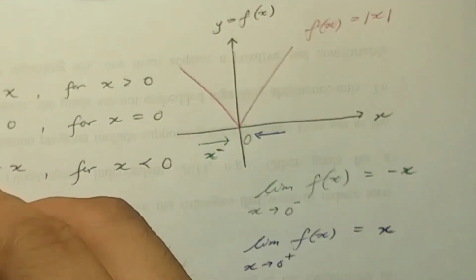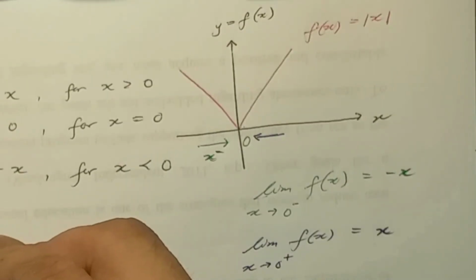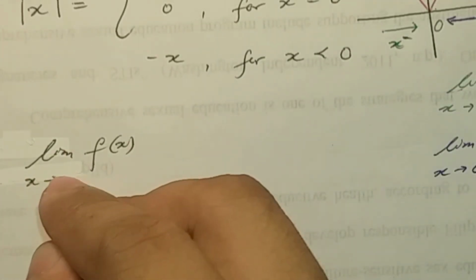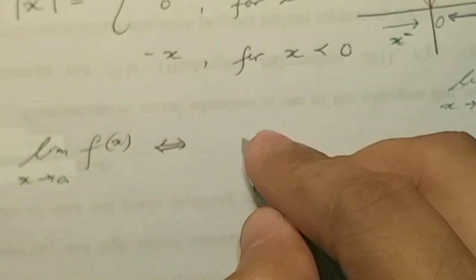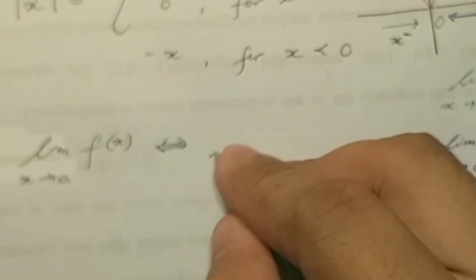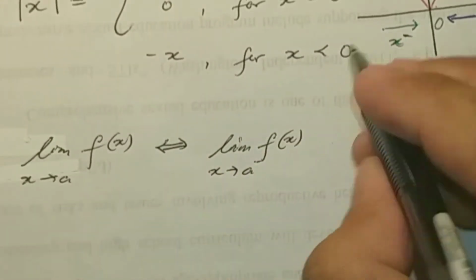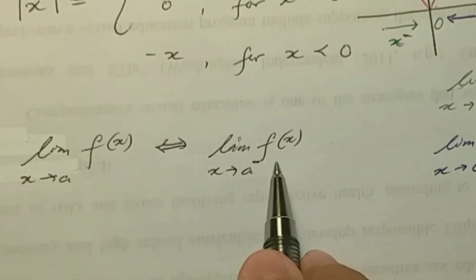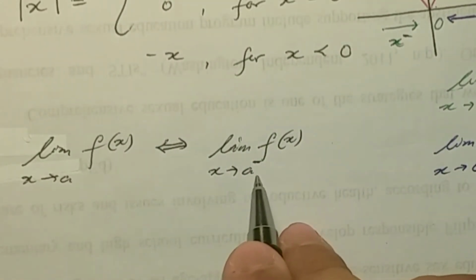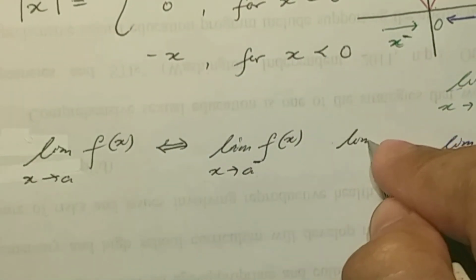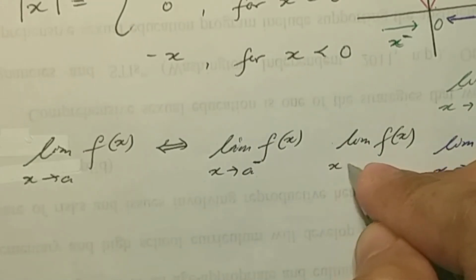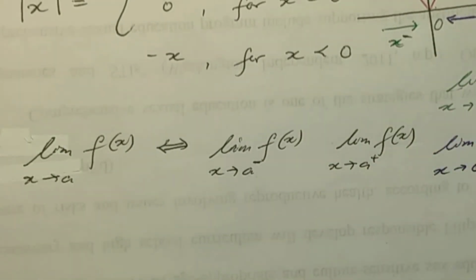In order for us to get the limit of f as x approaches a, we need to have the limit of f as x approaches from the left of a, and the limit of f of x as x approaches from the right of a.